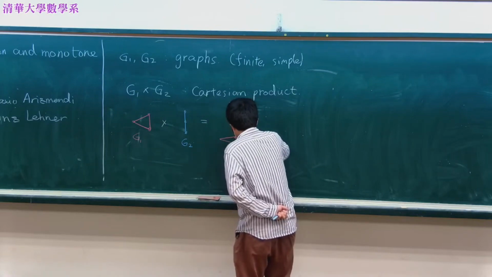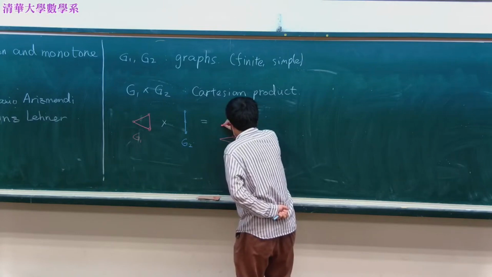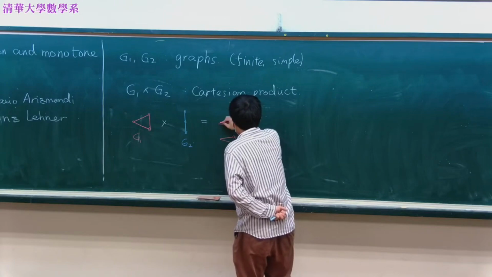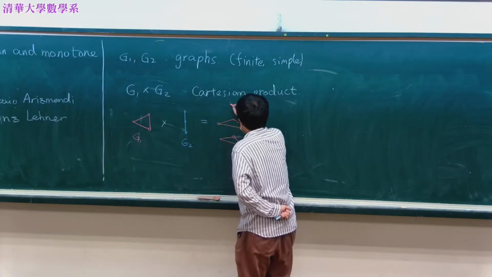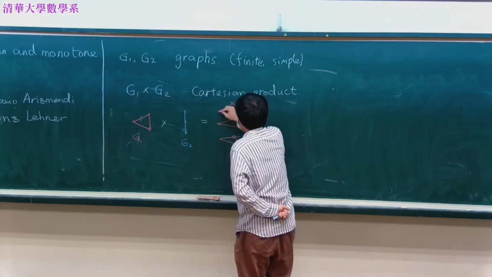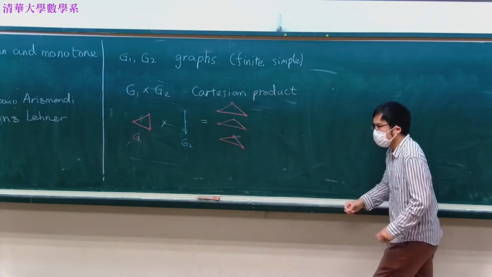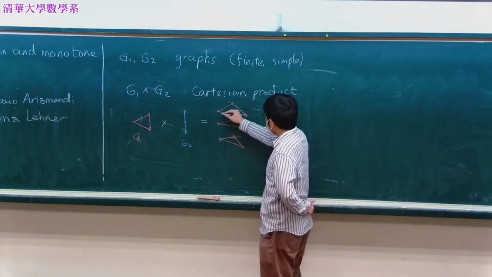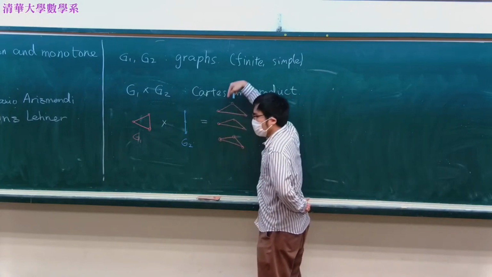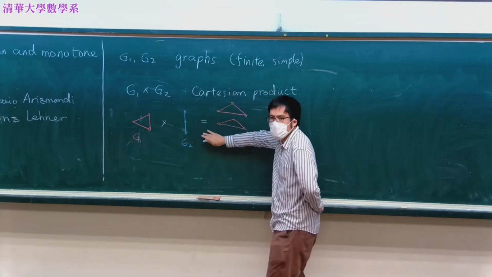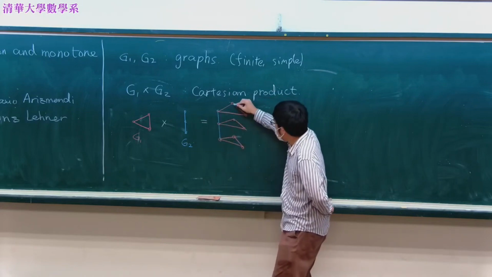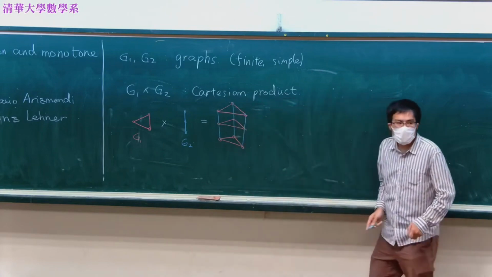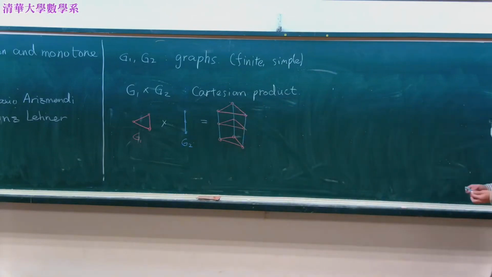First I write copies of G1, 3 copies, like this, and connect them in a vertical direction by G2. So that means G2 here, and here, here. This is called the Cartesian product.